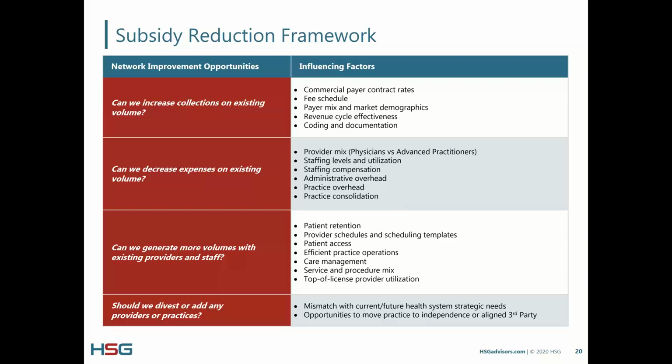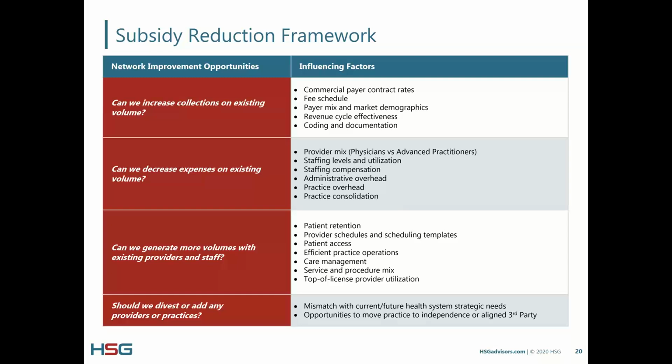We've seen networks with ratios of 5, 6, 7 to 1 physicians to advanced practitioners, or even networks that just utilize advanced practitioners as glorified scribes or MAs. So do we have the opportunity to keep our capacity, but change our mix in a way that is financially beneficial?